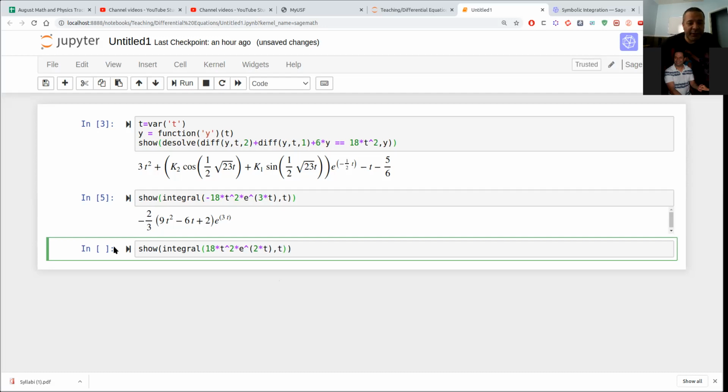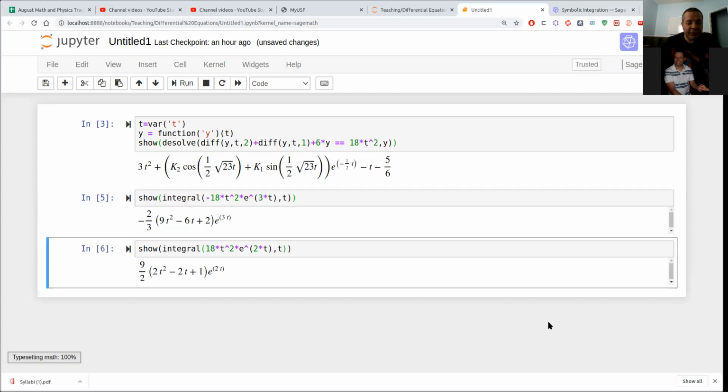Okay, let's run that. Okay, 9 halves 2t squared minus 2t plus 1. Okay, I'm going to go back now to the notes I'm writing by hand. So stopping sharing here.